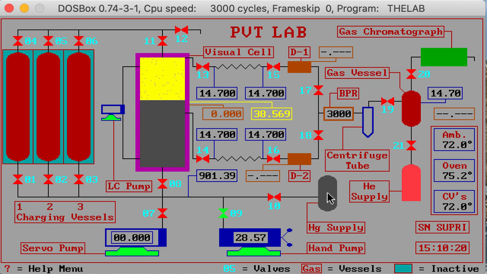And then I'm going to connect the hand pump to the mercury supply. So I'm going to press F2 again and open valve 10. Now I connected the hand pump to the mercury supply. Now I'm going to press F5, activate the hand pump, and empty the hand pump.